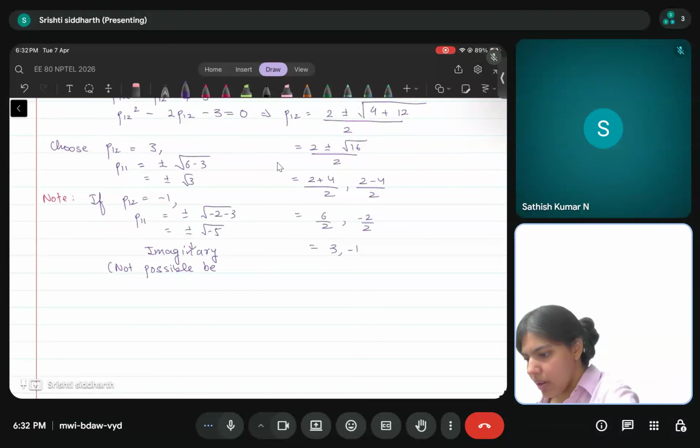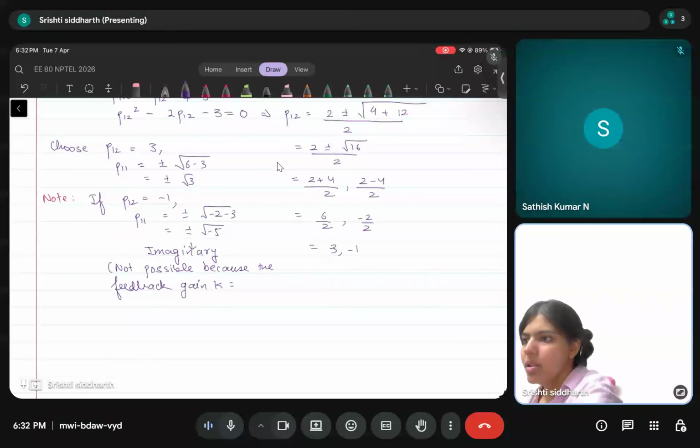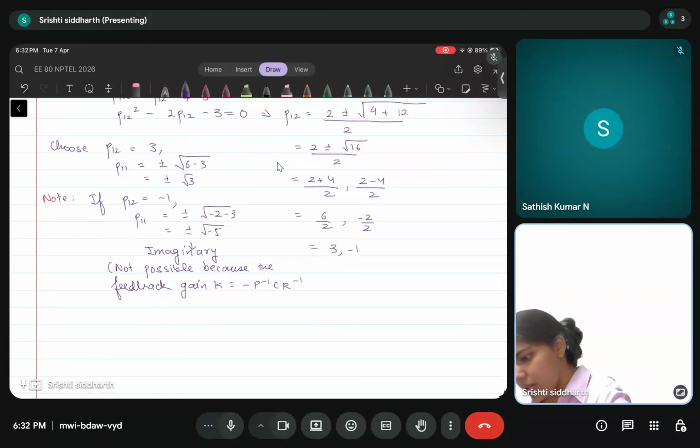Because the feedback gain k, so k is minus p inverse c r inverse, is a real quantity.